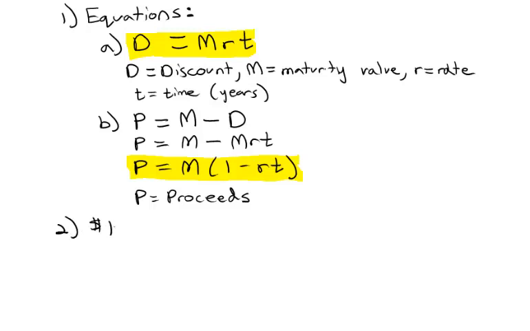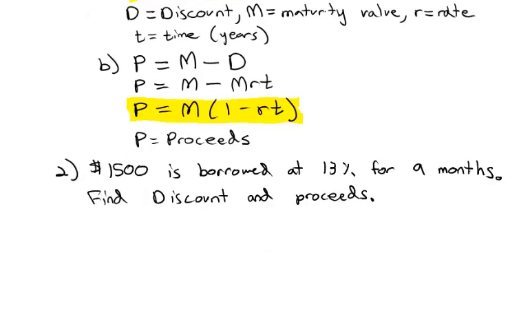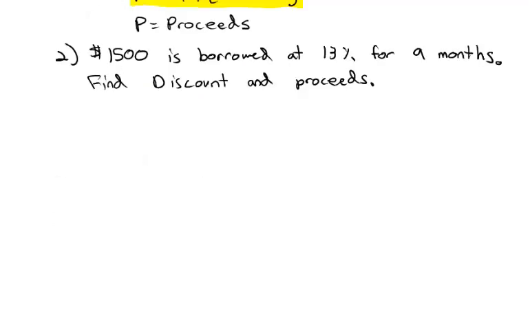How about $1,500 is borrowed at 13% for 9 months. We are going to find the discount and the proceeds. First, it asks us to find the discount.